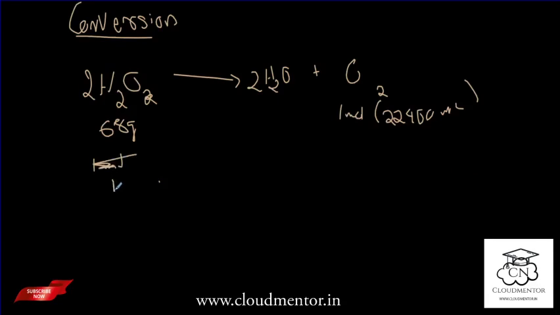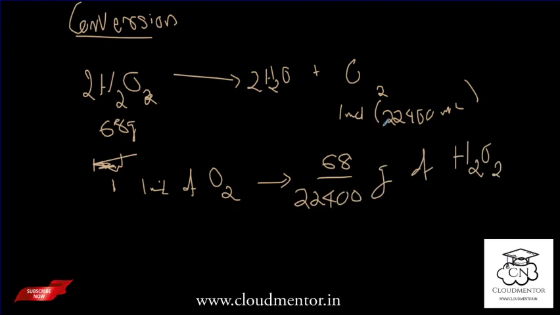From this we can calculate for 1 milliliter. Here we got 22,400 milliliters of O2 from 68 grams of H2O2.